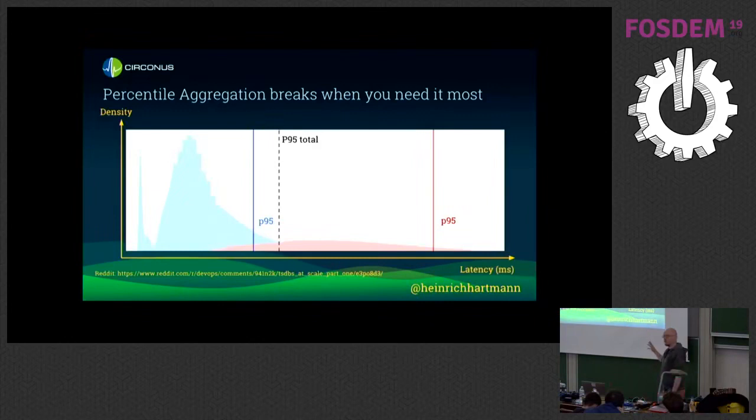If you have 5 nodes which already do the same kind of work, and you're averaging the P90, you will not be much off from the true P90. But say you have 2 nodes, a blue and a red node. The blue is doing a lot of work, so you have a really nice, very typical latency distribution. The second one doesn't do a lot of work, and its P95 is down here. So the true P95 of the total will be pretty close to the blue one, because the red one isn't doing that much.